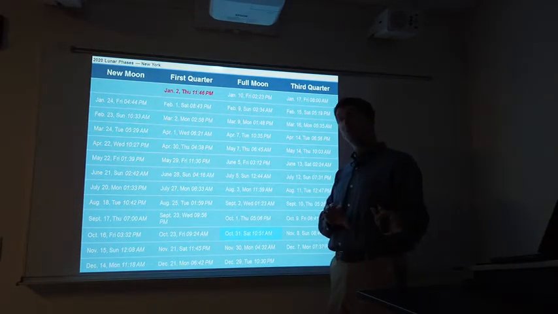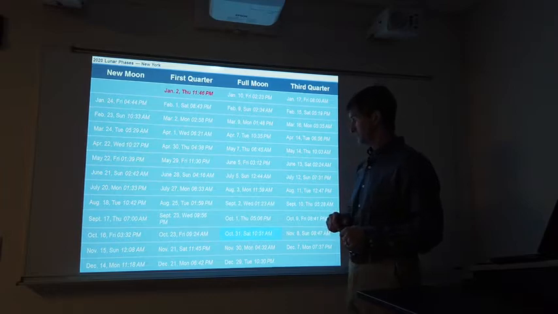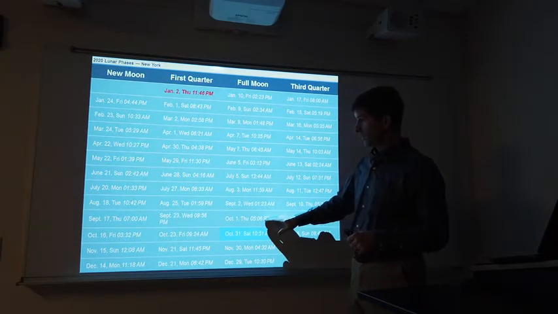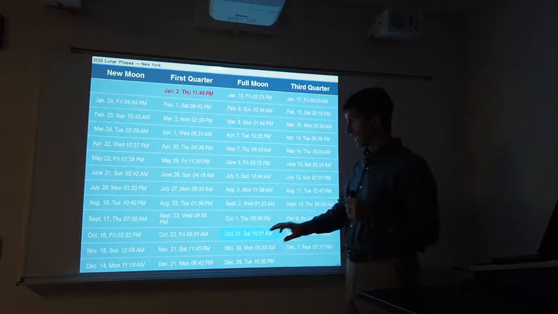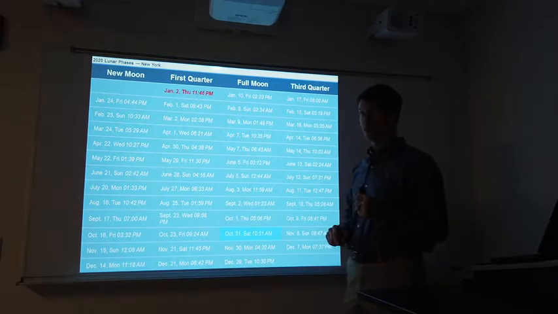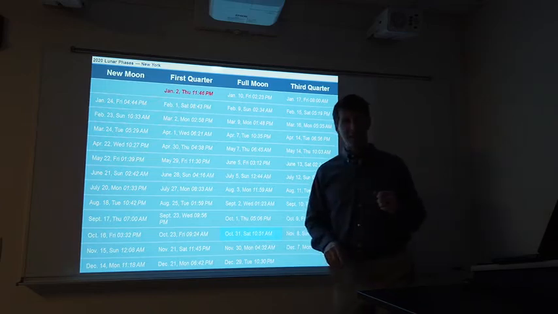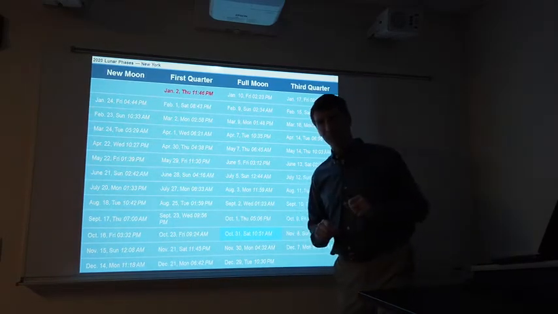So we have 1 blue moon in October. We have a full moon on October 1st. The extra moon happens the 31st. So on Halloween, that will be a blue moon.